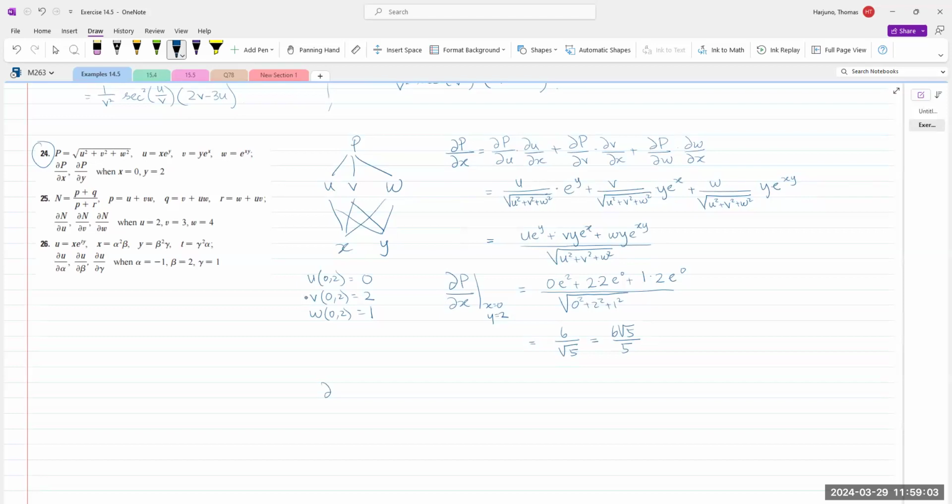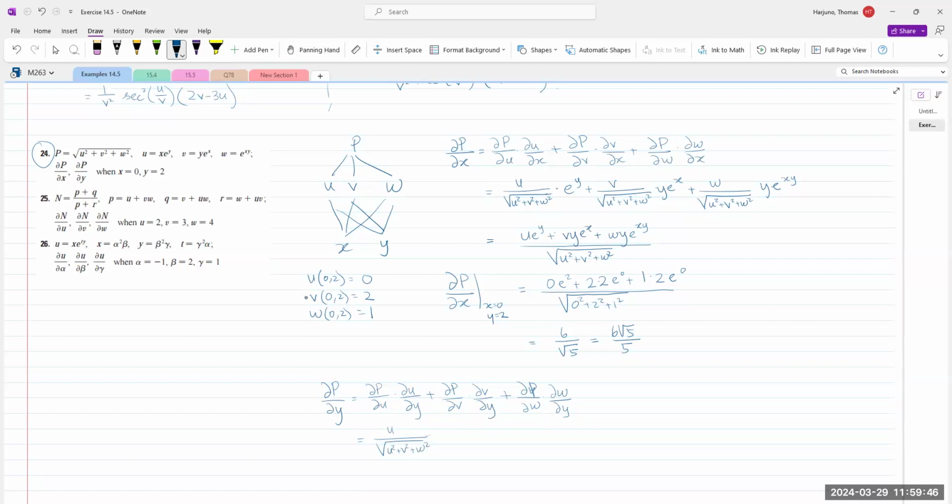Next, how about ∂p/∂y? You will see it's very similar, supposedly, right? That will be ∂p/∂u times ∂u/∂y, plus ∂p/∂phi times ∂phi/∂y, plus ∂p/∂w times ∂w/∂y. That's u over square root of u squared plus phi squared plus w squared.